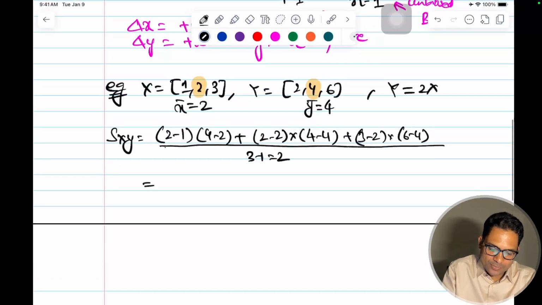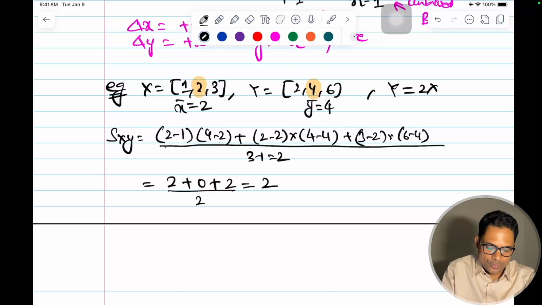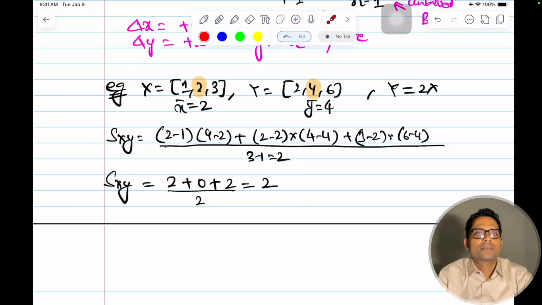So the first term is 1 into 2, which is 2, plus 0, plus 3 minus 2 is 1 and 6 minus 4 is 2, which gives 2. The sum is 4, and divided by 2, my sample covariance is 2. This is how simply we calculate covariance. And it shows that this is positive.